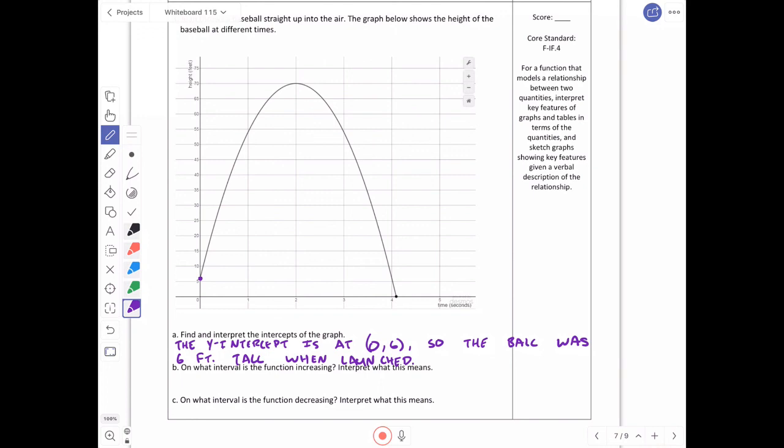And I'm going to say 4.1, a little after 4. The x-intercept is 4.10.